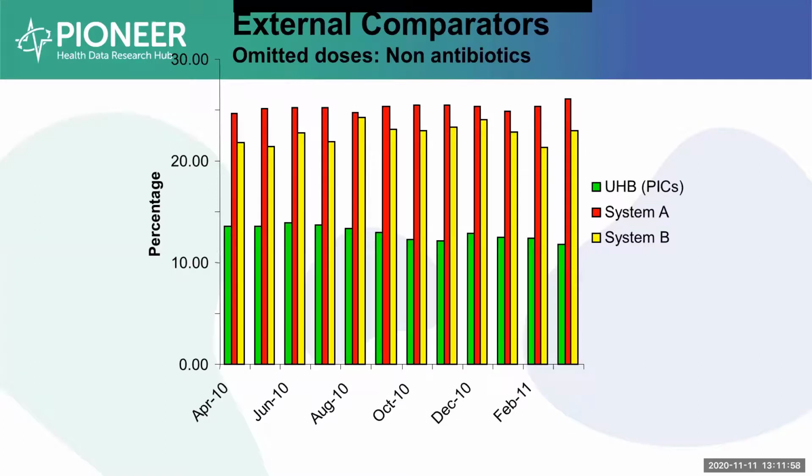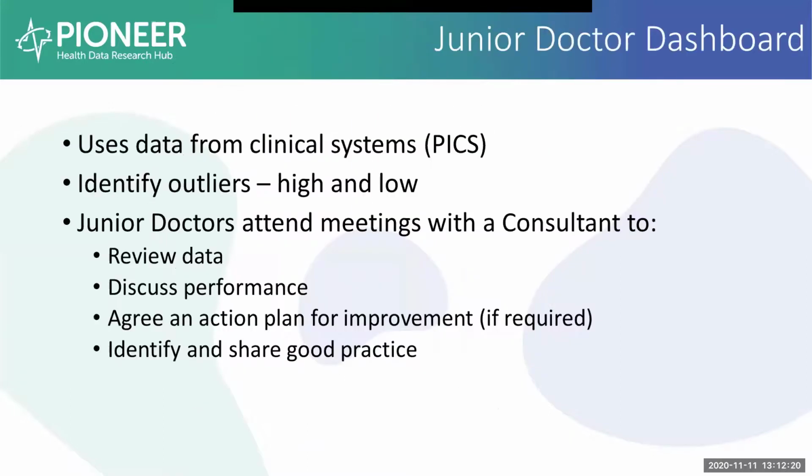And you can see the comparison in the percentage of missed doses that were being forced down. The other thing you'll note on this graph is that this is non-antibiotic. So this wasn't even what we were going after, but you have a halo effect. Once you start discussing antibiotics, you also have a reduction in non-antibiotics as well.